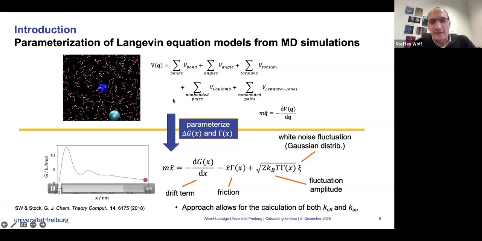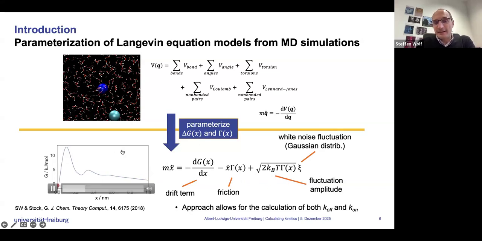So we use this reduced picture of dynamics on the left side, where we predict the dynamics along this distance coordinate based on a free energy drift term minus a friction term plus a fluctuation term, where we have a fluctuation amplitude which is coupled to the friction coefficient, and then we employ white noise fluctuations to represent all the dynamics of the surrounding system.